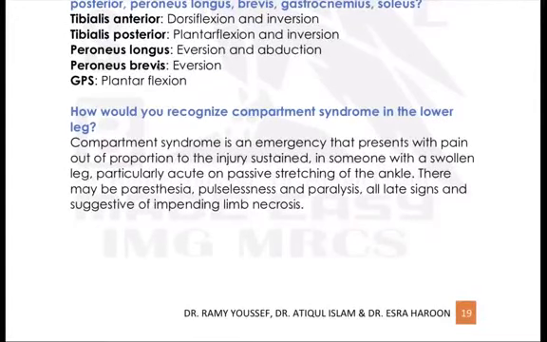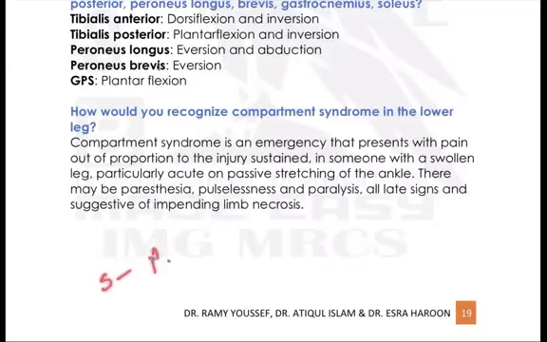Next thing, this is a question from critical care. How do you recognize compartment syndrome in the lower leg? First of all, the patient's leg will be swollen.